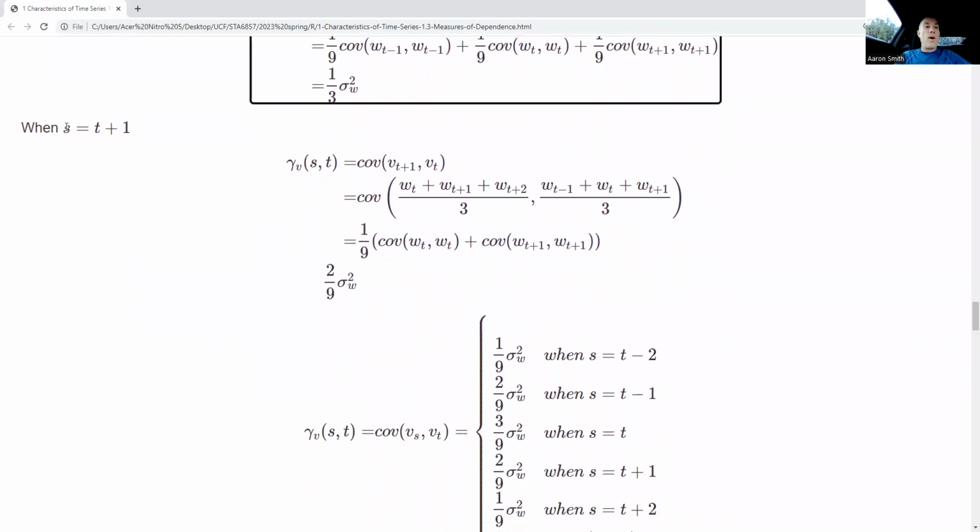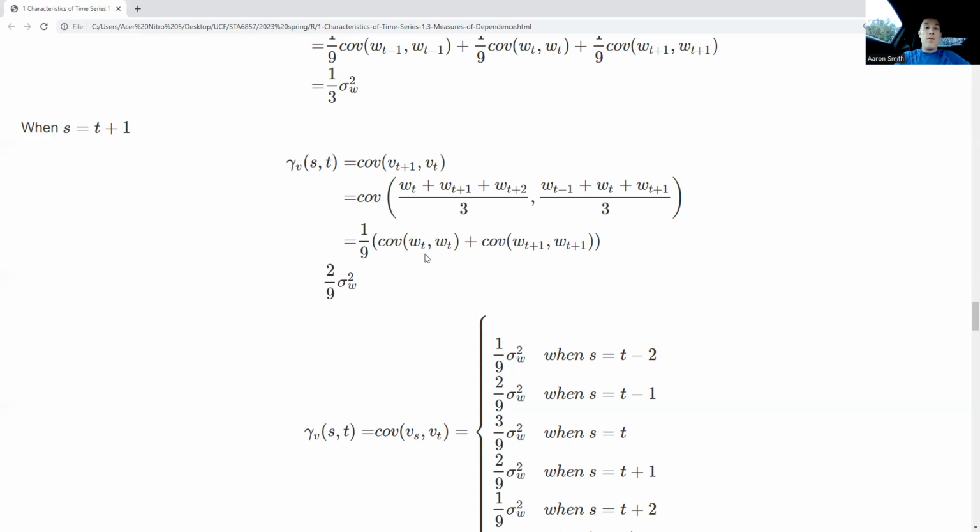Now, when we look at the case where s is equal to t plus 1, we play the same game. I go through and take all the different covariances of the different subscript time series, multiplying by the coefficients just like before. Something important in this calculation that isn't really apparent here is that every single time the subscripts are different, I have a covariance of 0, and those just get dropped from the calculation.